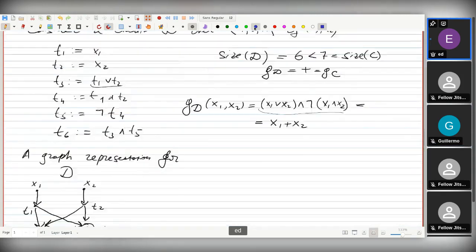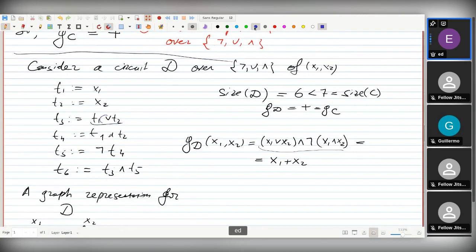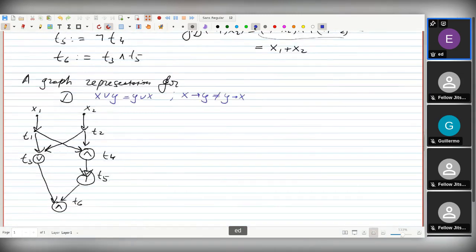But look, this works if our functions are symmetric. So like x disjunction y always equals y disjunction x. Had we functions which are not symmetric, this graph representation wouldn't be so nice, because it would be important to specify which input is the first and which one is the second.